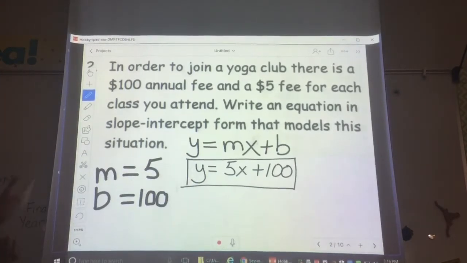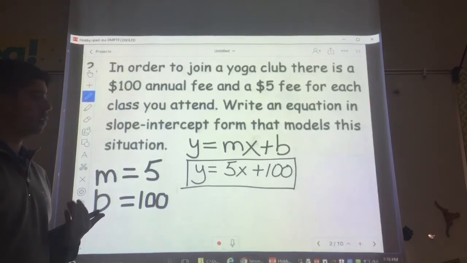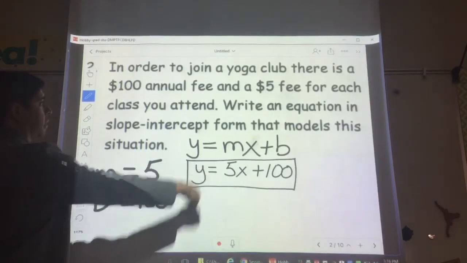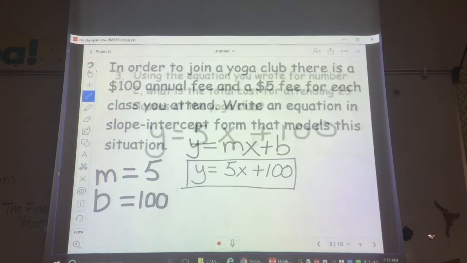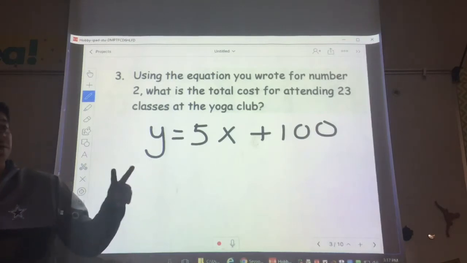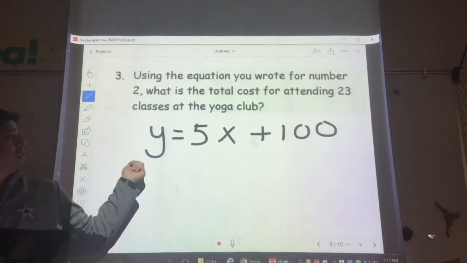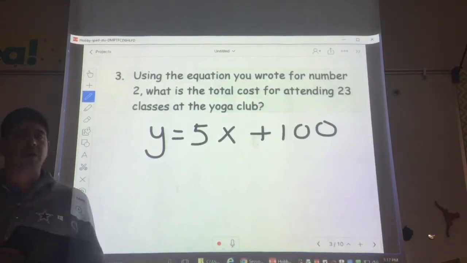I think number 3 is going to be solving it. So I'll do that on a separate sheet on the next part of the video. Okay. So y equals 5x plus 100. Okay. So number 3 is using the equation from number 2. It says using that equation, what is the total cost for attending 23 classes at the yoga club?